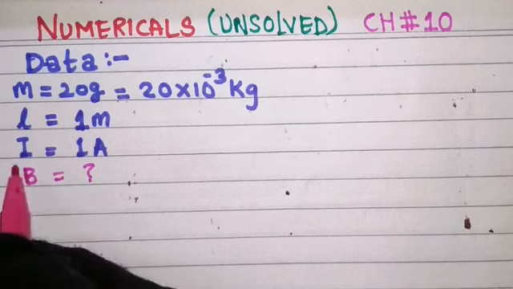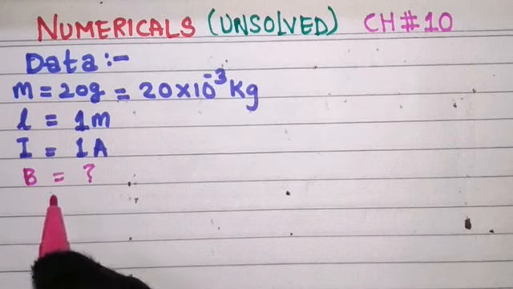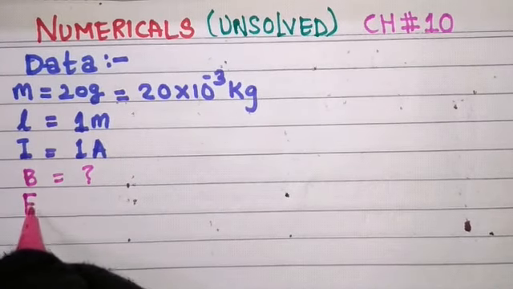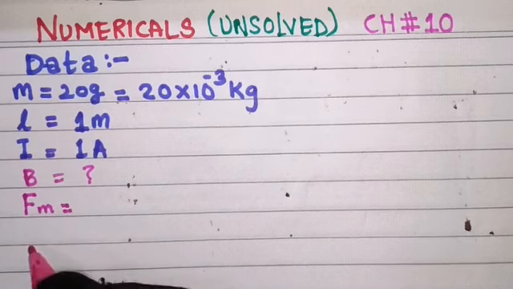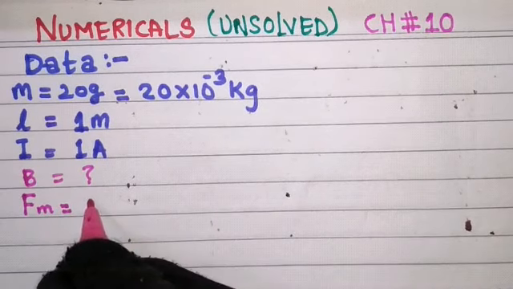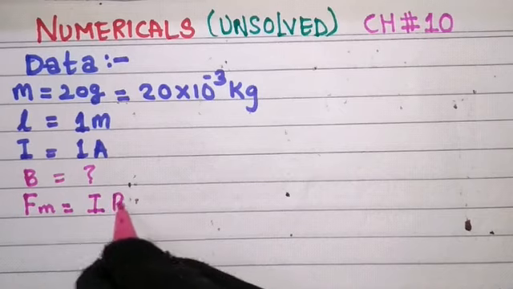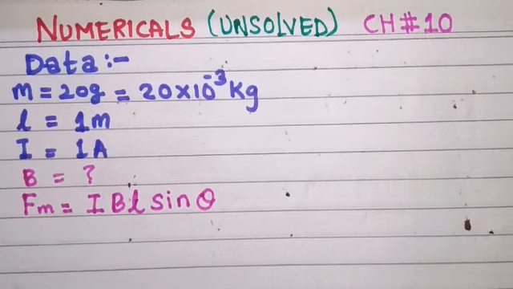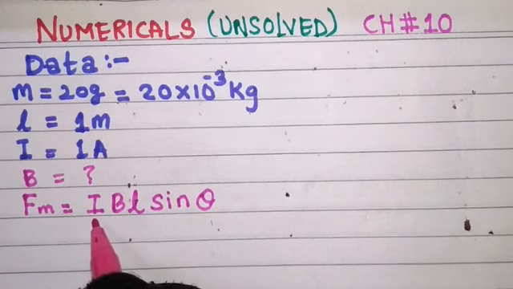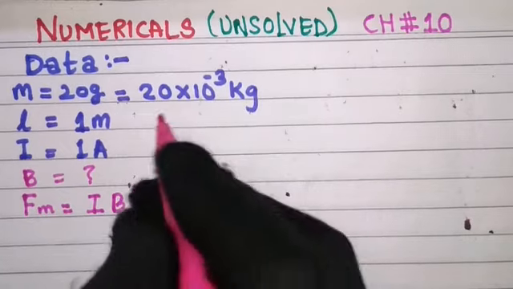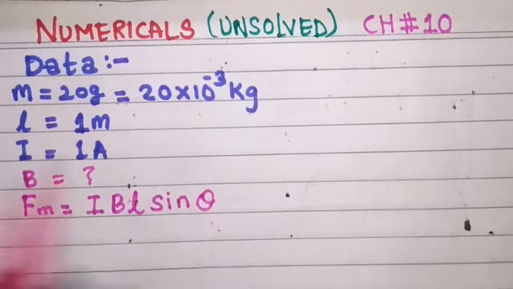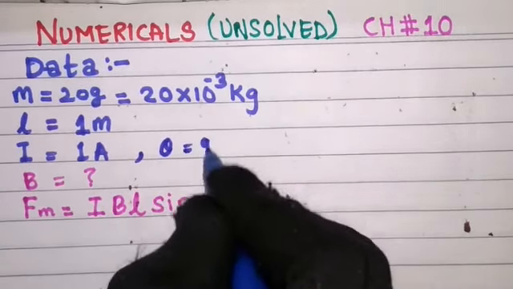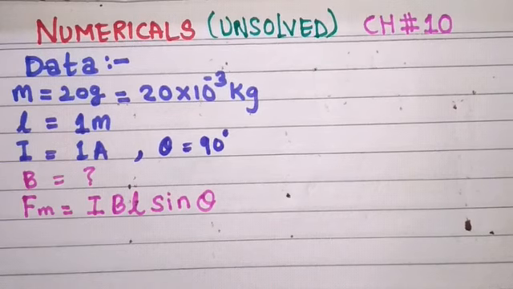If you have B, I, L, immediately you will be able to remember the formula, that is, magnetic force F is equal to I B L sine theta. Yes, this formula. Here we have I, we have L, and we have theta, which as we have seen was nothing but 90 degree. So sine 90 is nothing but 1.